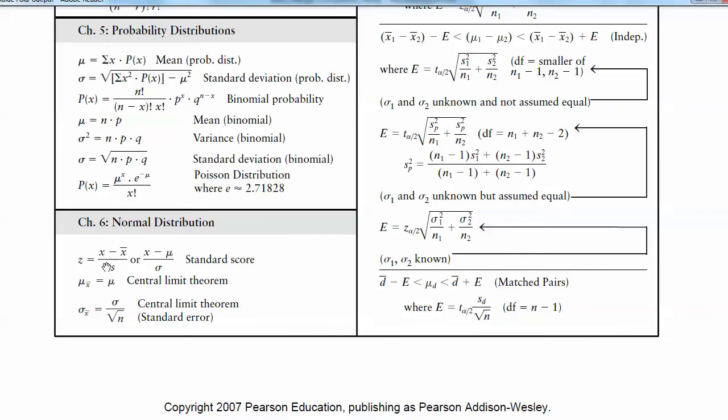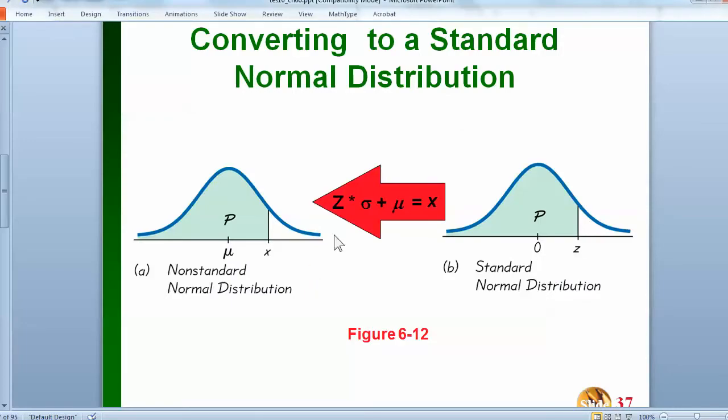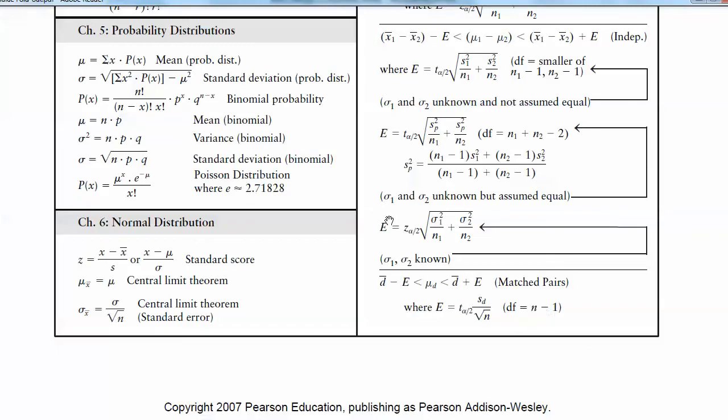The first direction is for both the sample or the population standardized scores. So to go the other direction, you multiply by sigma and add mu, or multiply by s and add x bar. Just keep that in mind.